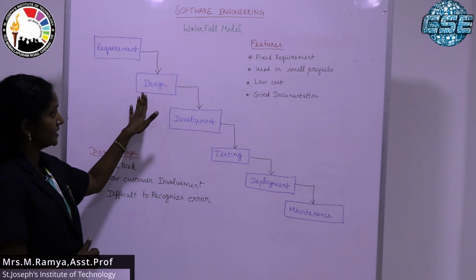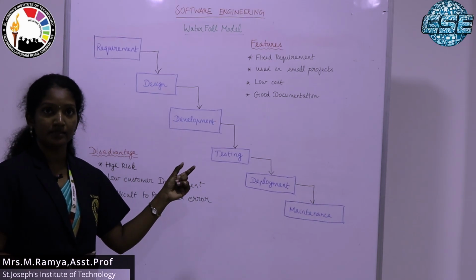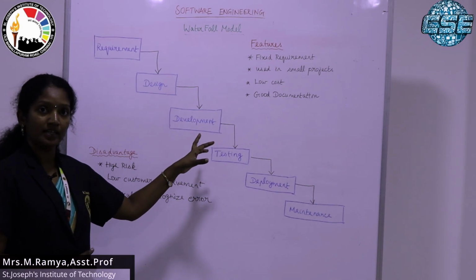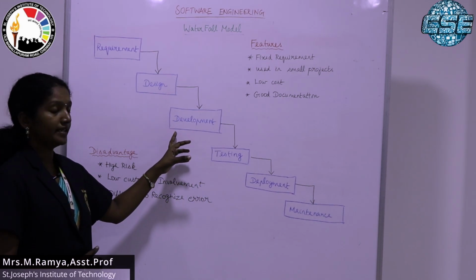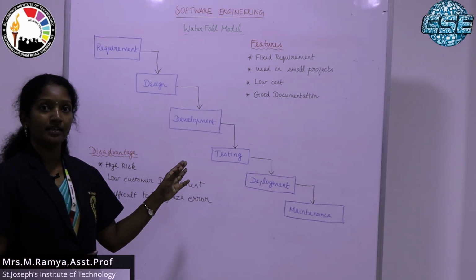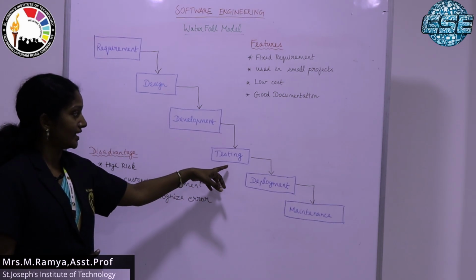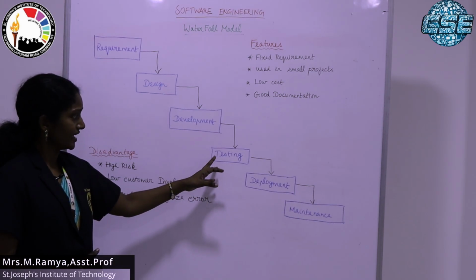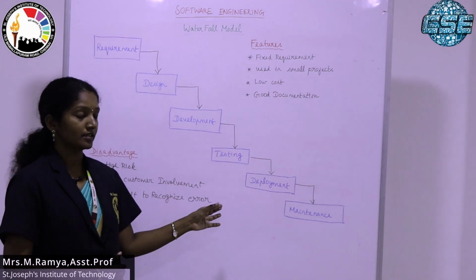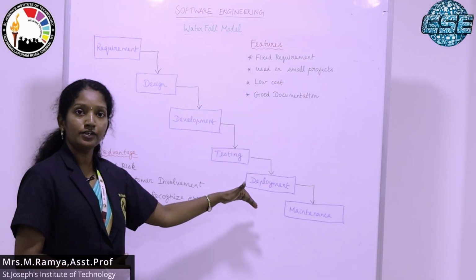After completing the design part, the next phase is development. Here the coding activities are done, and after completing the coding, testing is done, to check whether the code that was created is working correctly or not. After testing comes deployment, where whatever you have created, the developed software, is given to the customer.